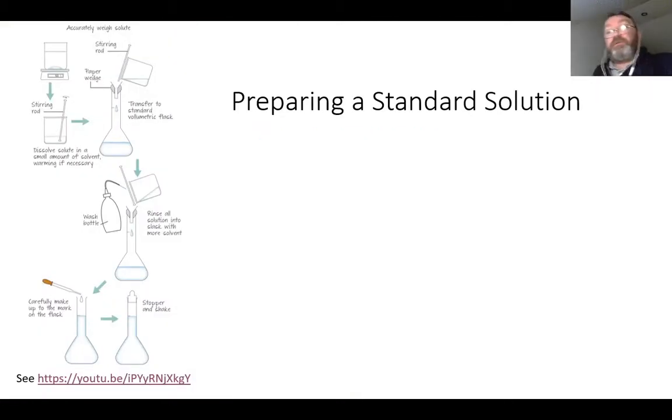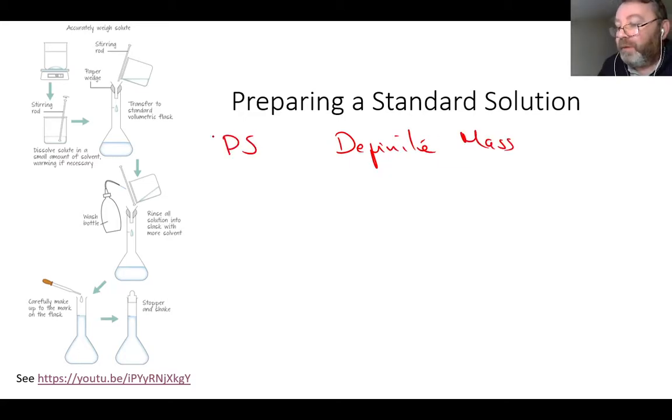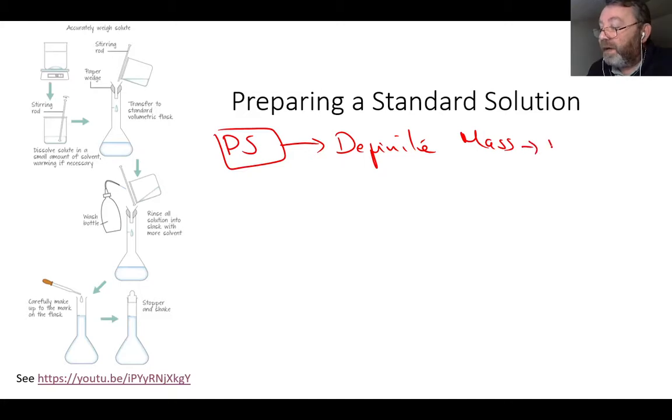So once we have a primary standard, how do I make a standard solution? Now, is it a case that I weigh out a definite amount, a definite mass? The answer is yes. So you start off with your primary standard, which is a solid, and you weigh out a definite mass, because in the definite mass there are definite moles.